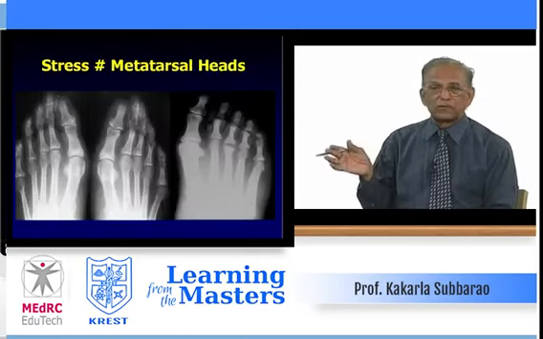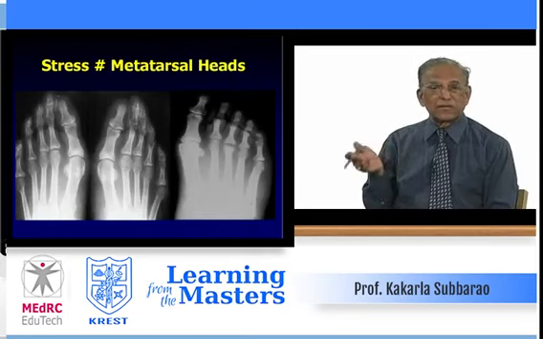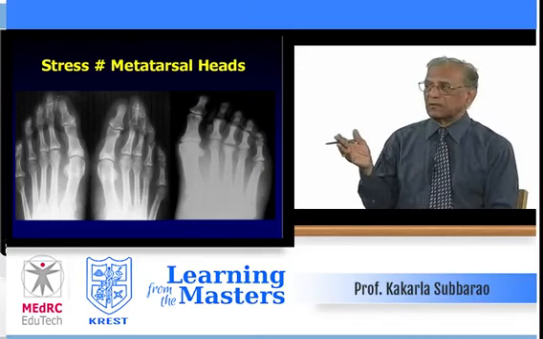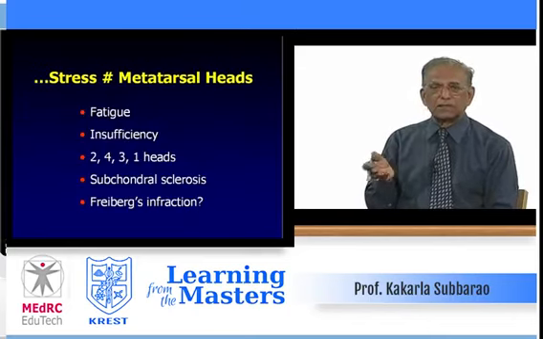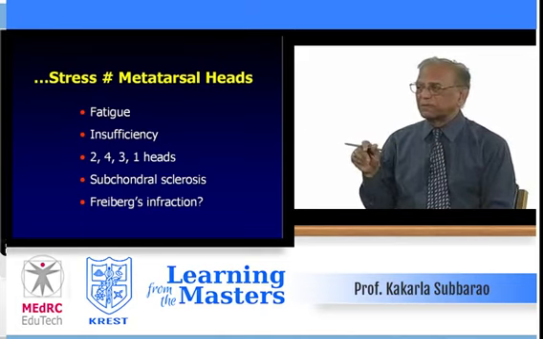Metatarsal heads, so-called Freiberg osteochondritis they used to call, are march fractures due to prolonged stress upon the metatarsals. You can get not only the second metatarsal head, third, or even fourth, depending upon where the weight bearing is.